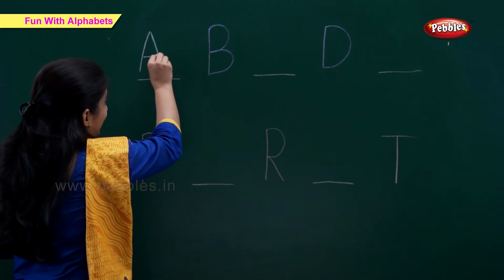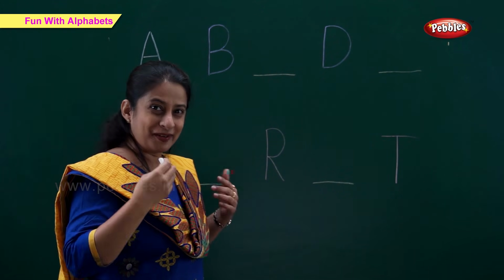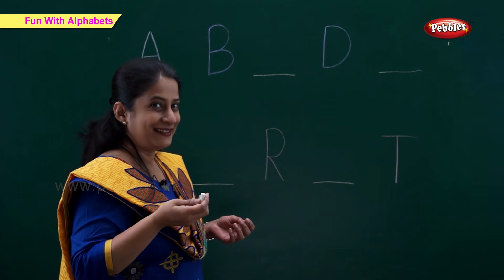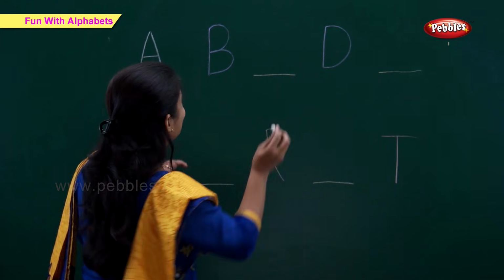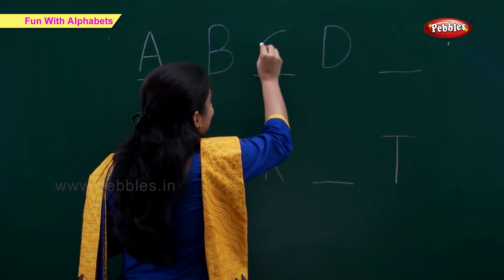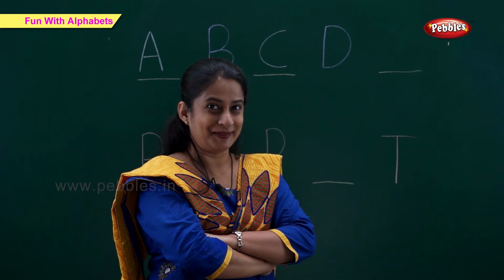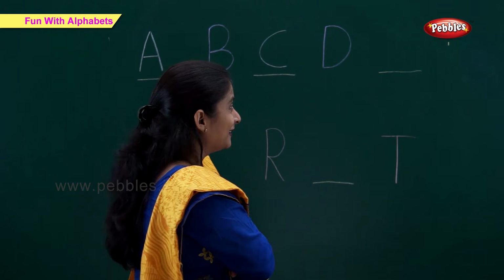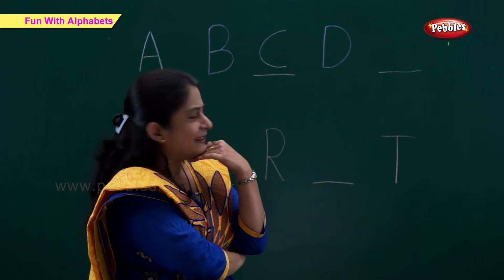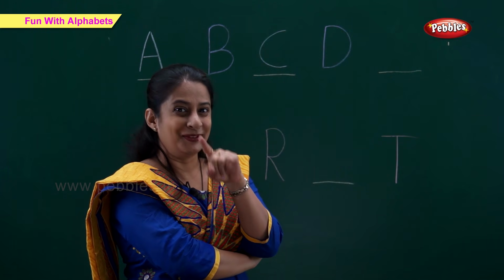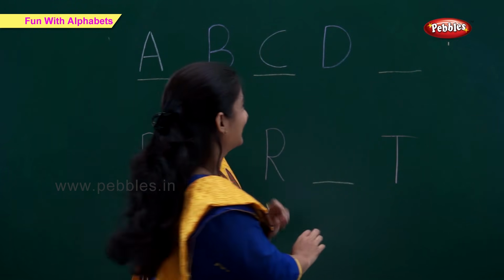So, A. And what comes after B? Yes, it's C. And what comes after C? Yes, it's D. And after D, is it F? No, you're right.